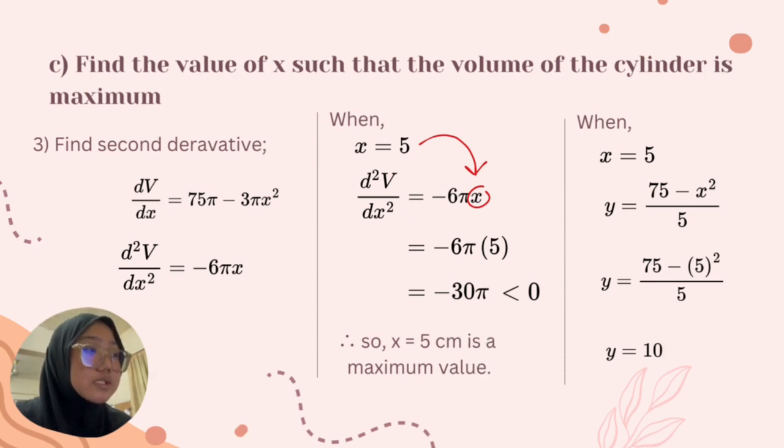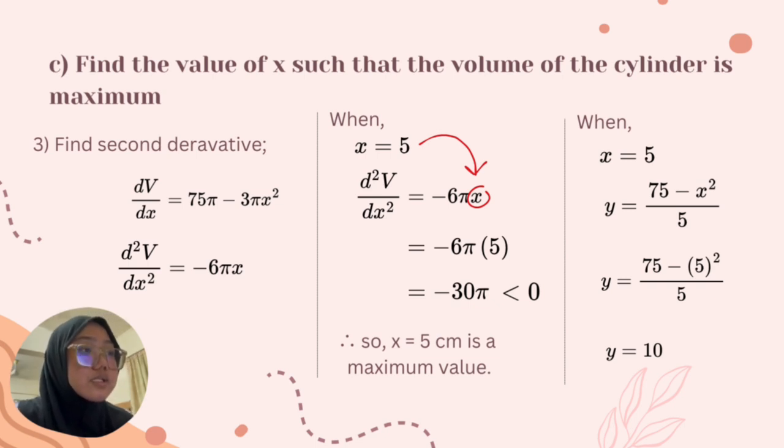Prove that x is the maximum value. From dV/dx, we do the second derivative. It will be negative 6πx, because since 75π doesn't have x, it becomes 0. Then for minus 3πx², the 2 will be multiplied with 3, so it will be negative 6π, and the power of x² is reduced by 1, so x to the power of 1.